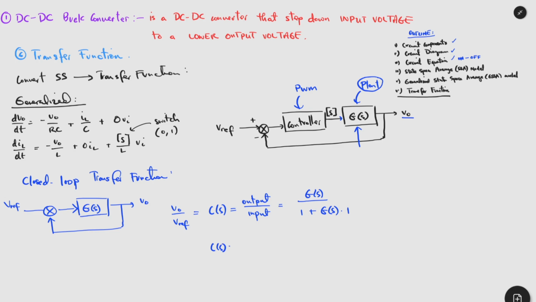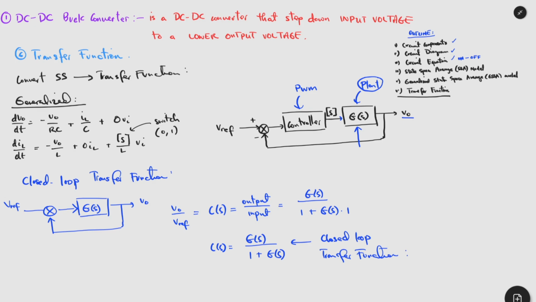Therefore we can say that C of s is equal to G of s over 1 plus G of s. So this now is our closed loop transfer function.